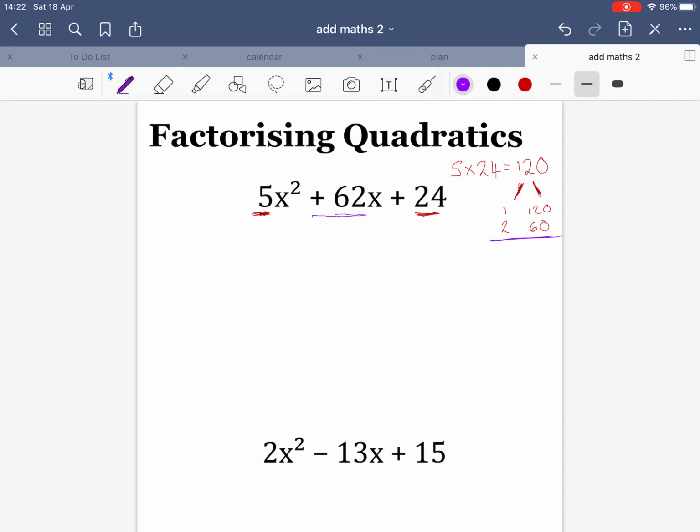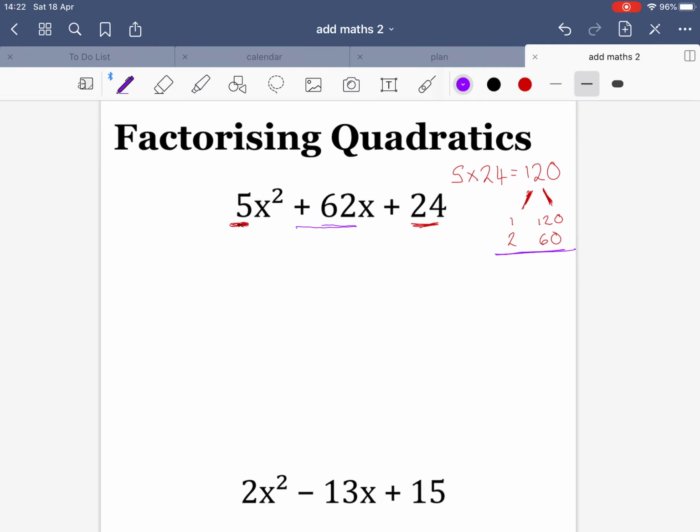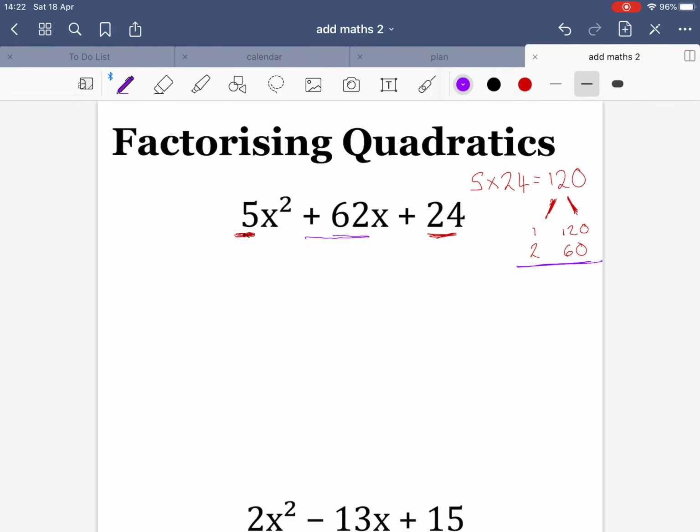So I need these two numbers. At this stage, I do like to put a plus and a minus in front of them so I don't get confused. Because there are two positives in my equation, I need plus 62, so it would be plus 60 and plus 2. Instead of positive 62, I want to split that 62 into my 2 and my 60.